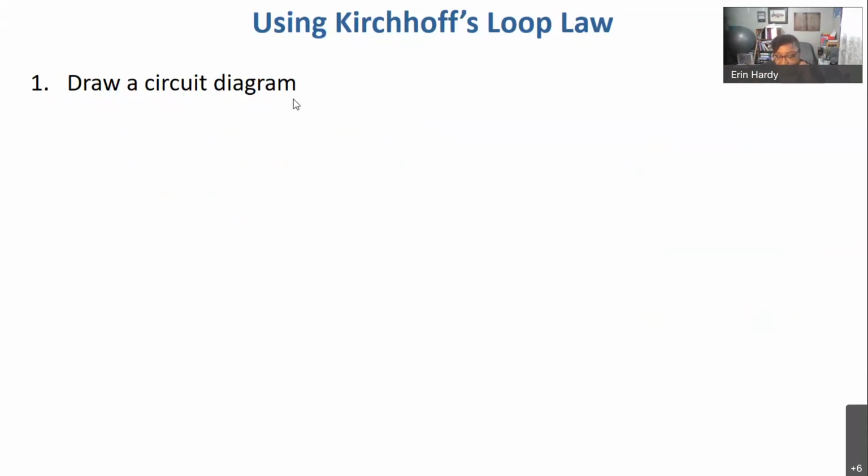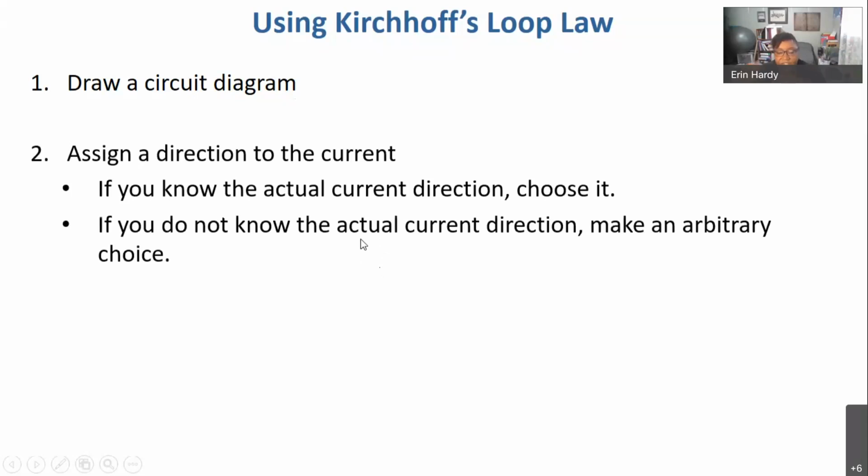Start off with a circuit diagram the same way that in semester 1 we would have started off with a motion diagram or a free body diagram for an object that we were trying to understand. Taking the description of your scenario and then turning it into something that you can interpret visually is incredibly helpful. If you know the direction of charges, the conventional current in that circuit, you can indicate it. But even if you don't know for sure, you can just make a guess.